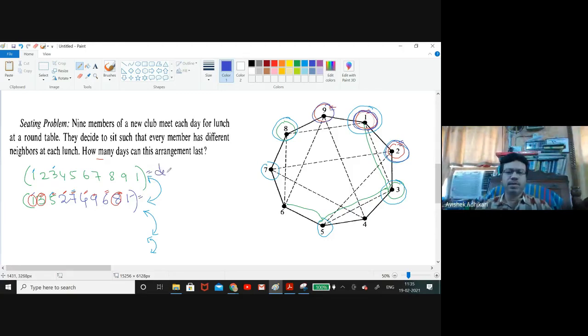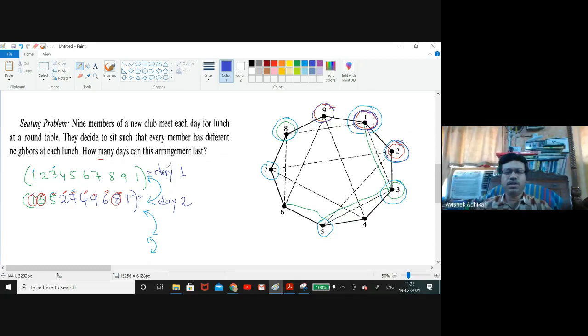It may be the arrangement for day 1, it may be the arrangement for day 2, and so on. So the question is, how many days can it last, so that every member will have different neighbors every day? That was a combinatorial problem, and we are going to solve this problem by using a graph theoretic technique.